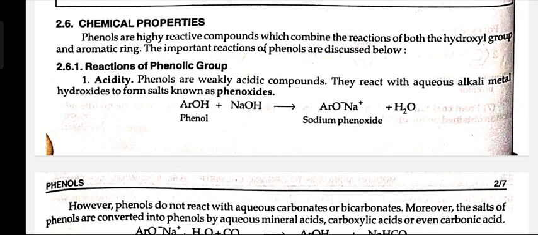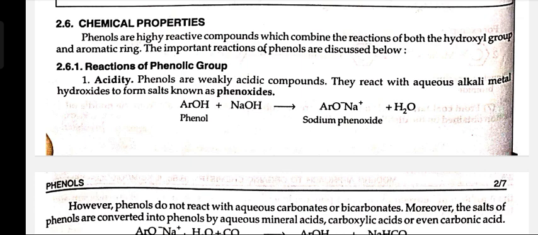Chemical properties. Phenols are highly reactive compounds which combine the reactions of both the hydroxyl group and the aromatic ring. The important reactions of phenols are discussed below. First is reactions of the phenolic group: acidity. Phenols are weakly acidic compounds.